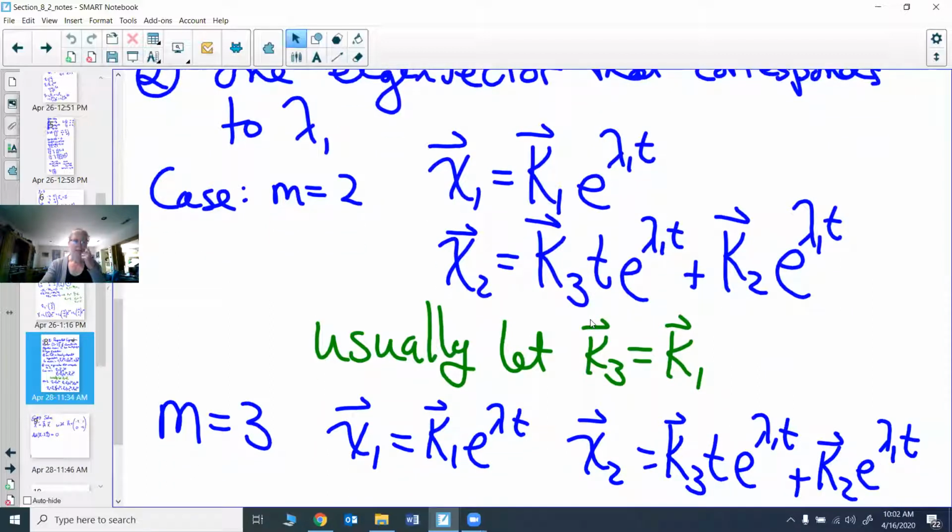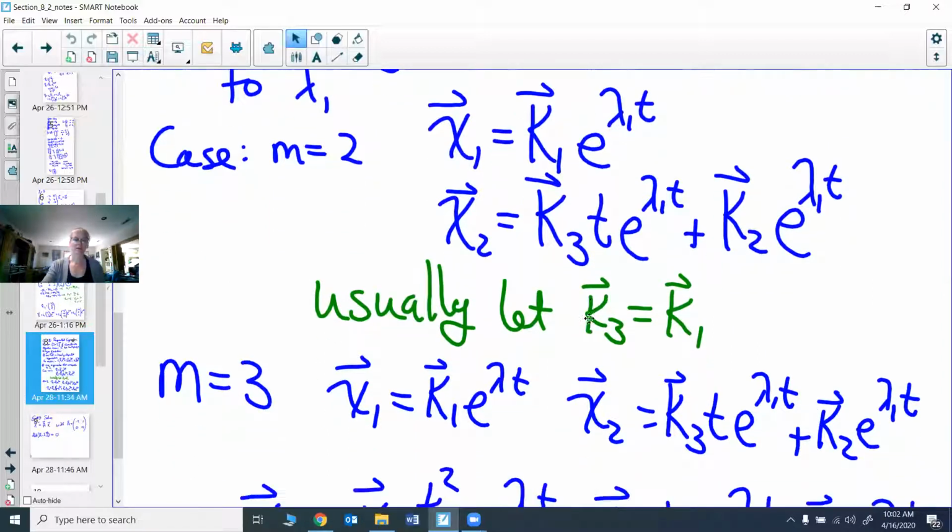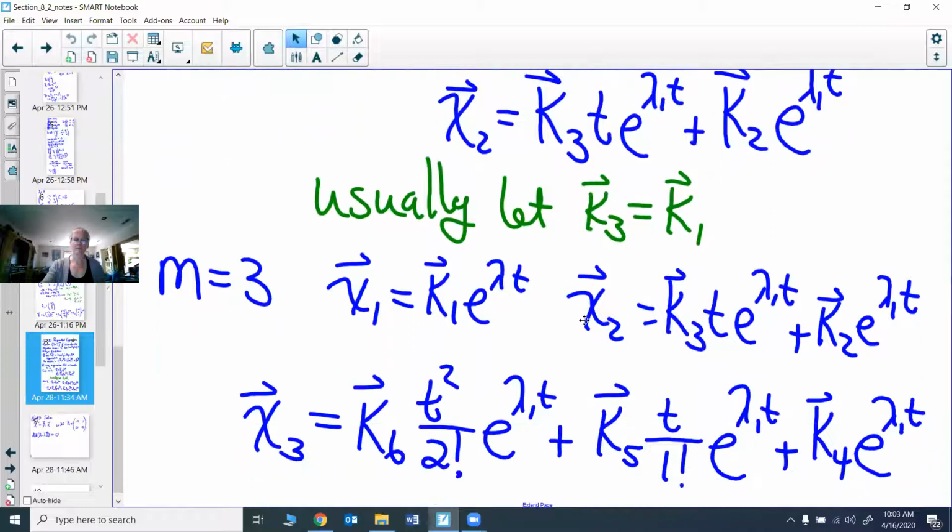If you have multiplicity 3, things get a little bit more complicated. You'd have an x1, which is k1 e to the lambda 1 t. And then you'd have an x2, which is k3 t e to the lambda 1 t plus k2 e to the lambda 1 t, kind of what we saw with case 2.